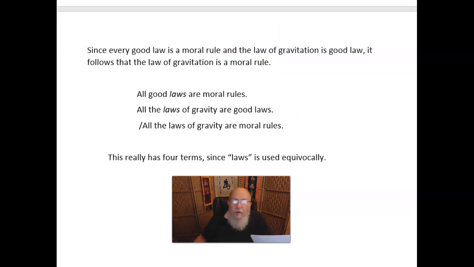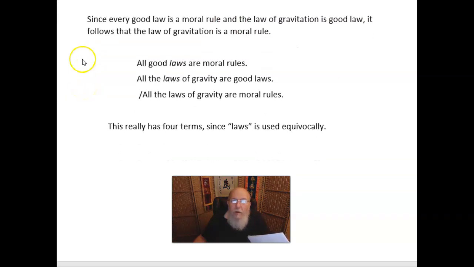Suppose someone argued that since every good law is a moral law, and the rule of gravitation is a good law, it follows that the law of gravitation is a moral rule. And we put this into standard form. All good laws are moral laws. All the laws of gravity are good laws, so all the laws of gravity are moral rules.